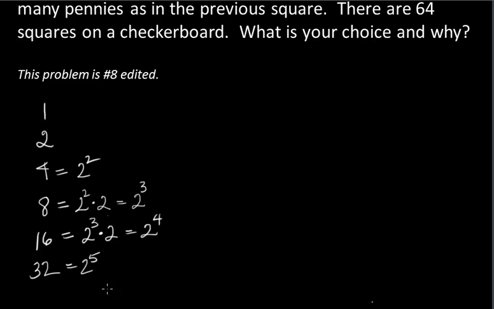So let's see, the next one, well, we could keep doubling easy enough, 64, but let's write it as 2 to the 6th. And I'd like you to have a list of these next to you. So if we double 64, we have 128, and that's equal to 2 to the 7th.